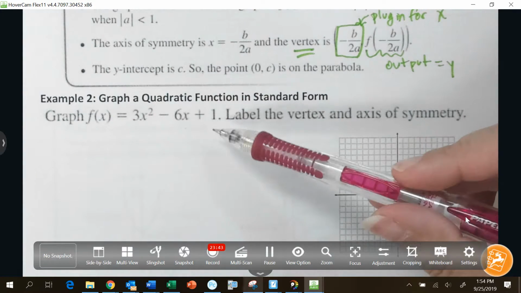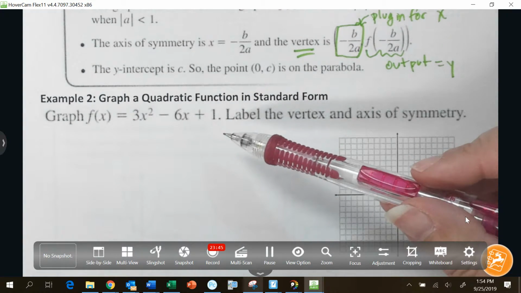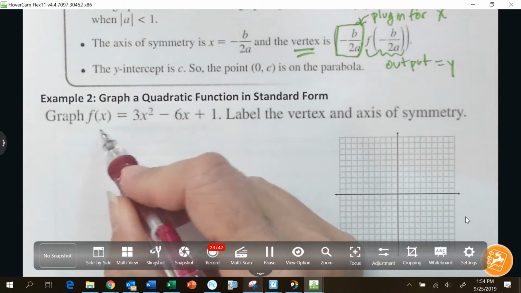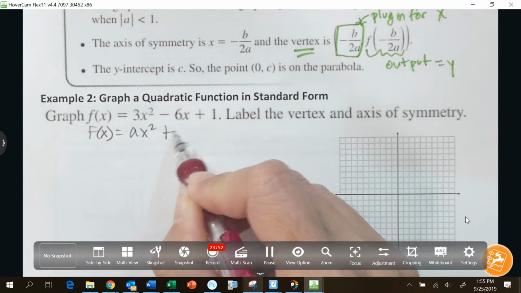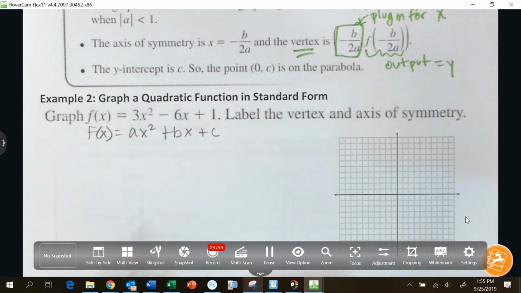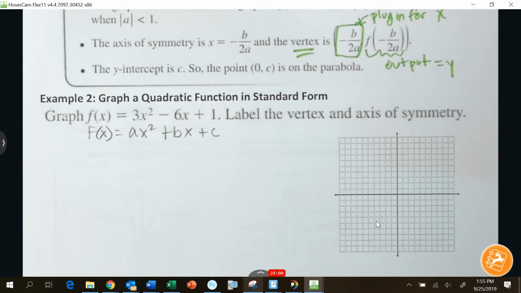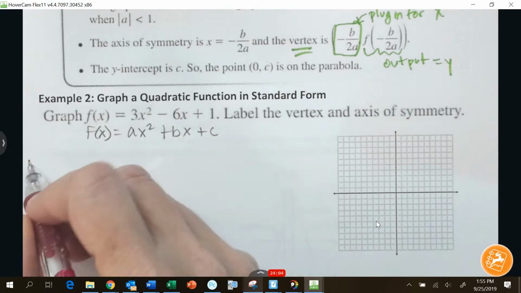So when you are given standard form, the first thing you want to do is just recognize it's standard form, which is the form of ax squared plus bx plus c. That's the first thing I'm going to do. Then I'm going to find my axis of symmetry.